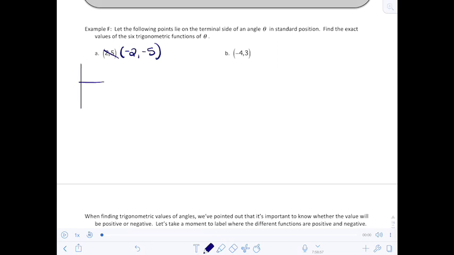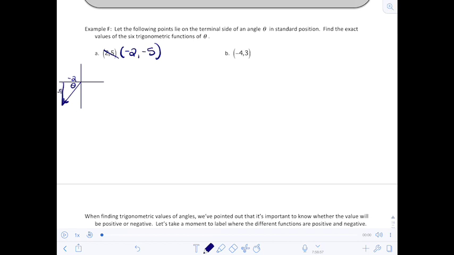So let's see. (-2, -5) is going to be in the third quadrant. So if I make the triangle, now guys, make the triangle with the x-axis. Theta is always with the x-axis. So -2 is my x value, -5 is my y value.